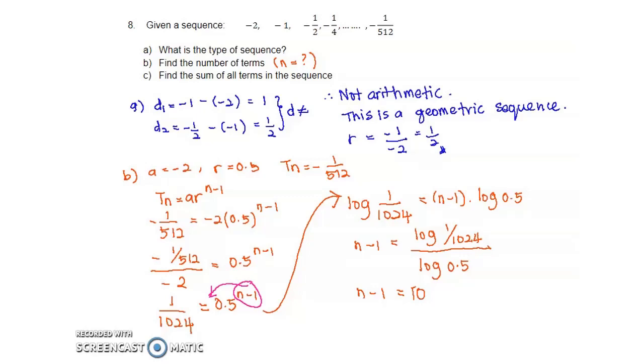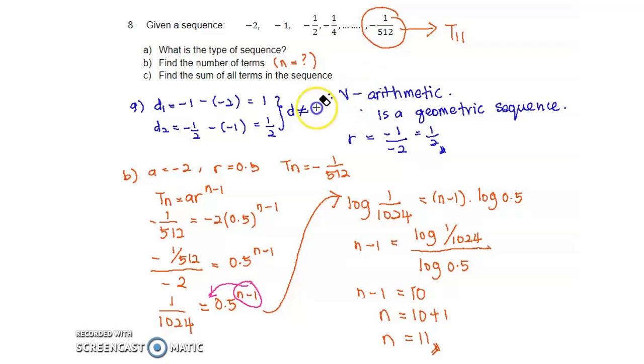So n minus 1 equals 10, so n equals 10 plus 1. The answer is n equals 11. Remember, when we find the value n, it cannot be negative. So negative 1/512 is T11. Altogether in this sequence we have 11 numbers.